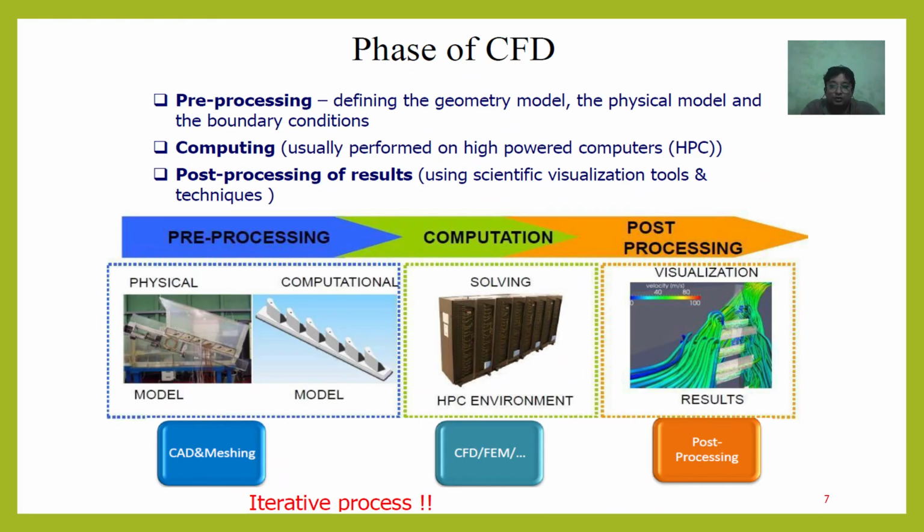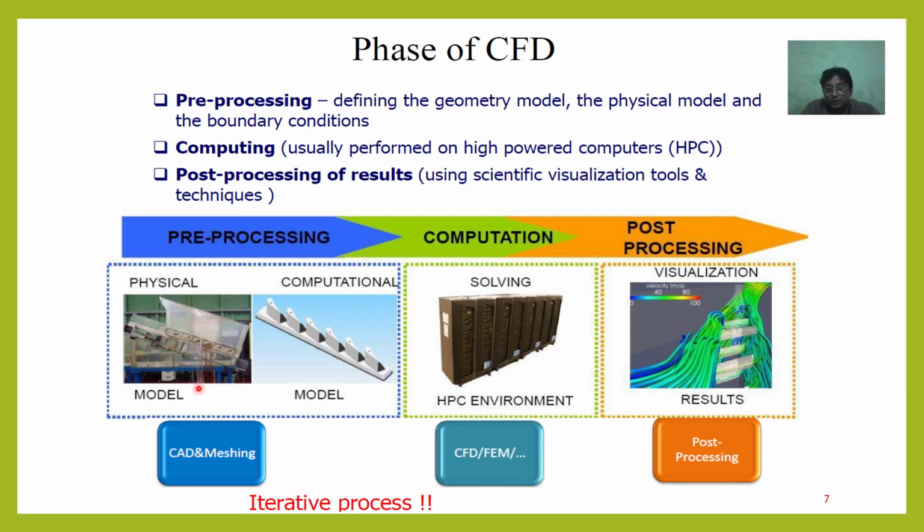Now, before going into the details of the CFD class, you see that a figure is being given, and it shows that we had pre-processing, then computing, then post-processing. Pre-processing means creation of a physical model, and then we create the same model in the computer, which is known as the computational model.